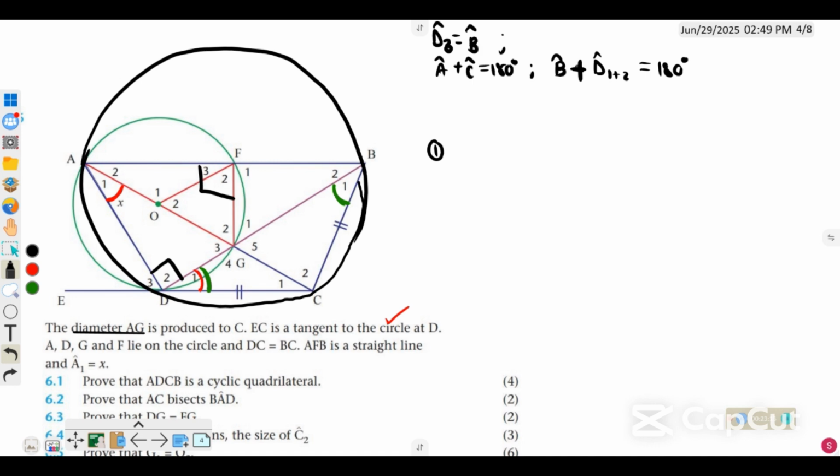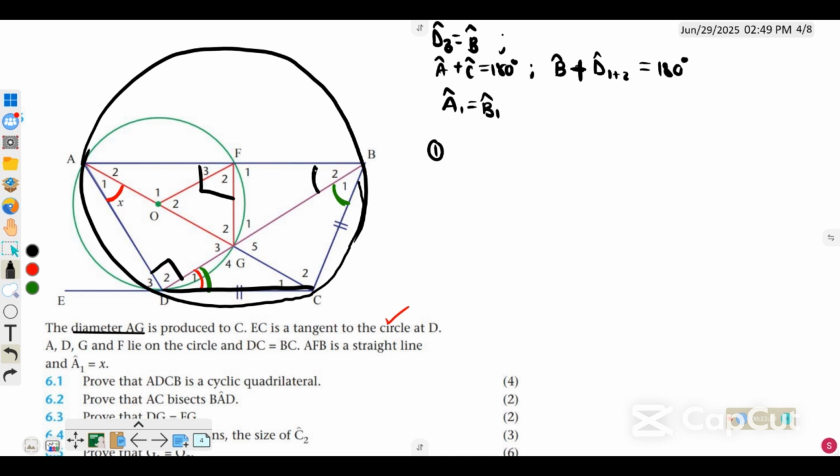What else can we prove? Here's another option that I added, the one we spoke about earlier on. If you are able to prove that the angles that are subtended by a line are equal, look at DC. DC subtends that angle which is A1, and it also subtends that angle which is B1. If we can prove that angle A1 is equal to angle B1, that can also allow us. That's not the only one.